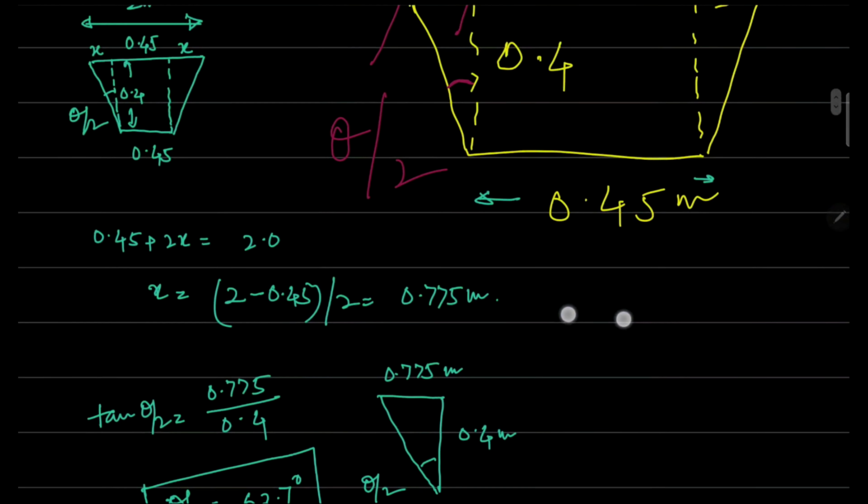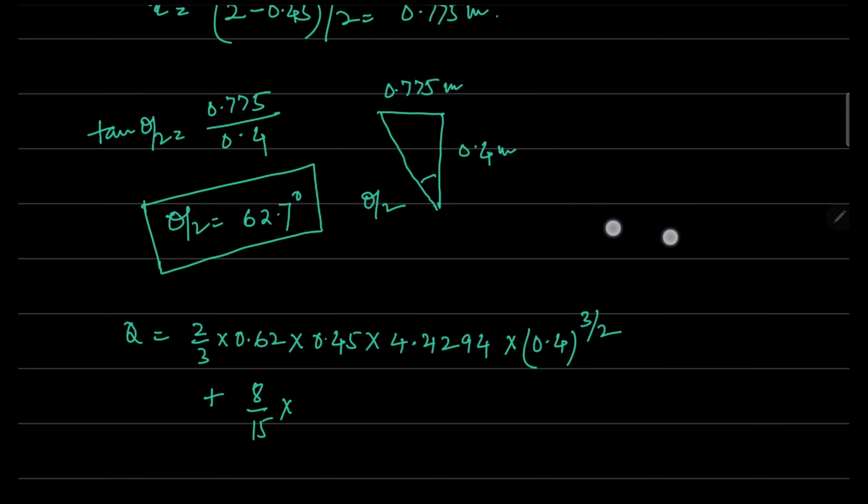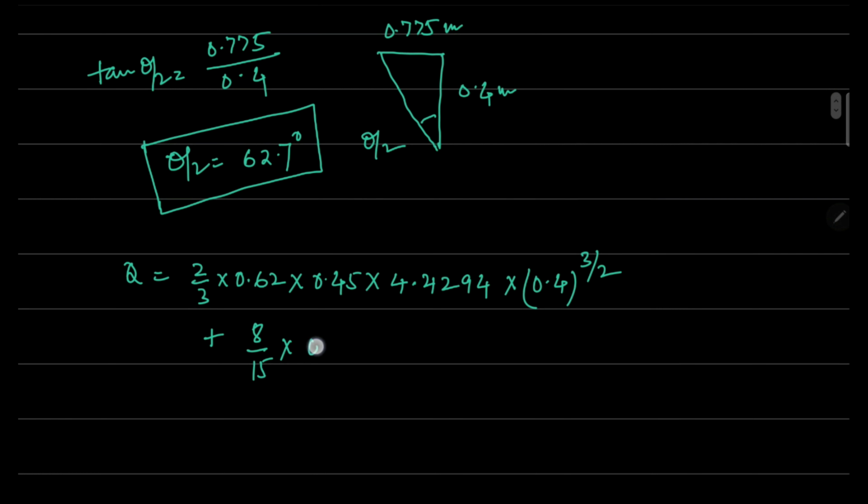So your h is 0.4 meter. So 0.4 raised to the power 3 by 2, plus 8 by 15 multiplied by CD. So CD of the triangular portion is 0.6, multiplied by tan theta by 2.